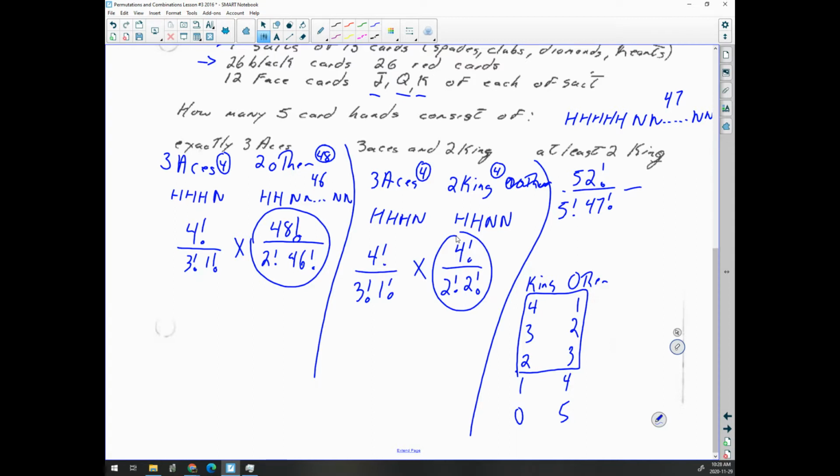So same principle as before. If we have 1 king, 4 others, we have 1 in the hand and 3 that are not. So that's going to be 4 factorial over 3 factorial, 1 factorial.